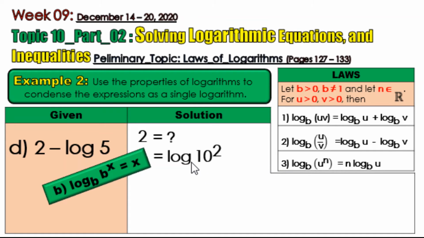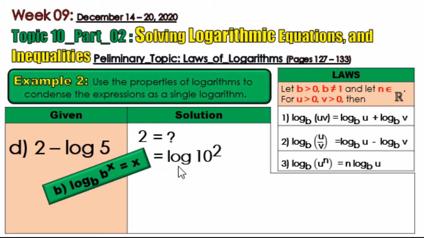Remember the base of the argument is 10. Therefore, the value of this logarithmic expression is 2, by applying this basic property of logarithm. So again, we have expressed 2 as the logarithm of a number to the base 10.